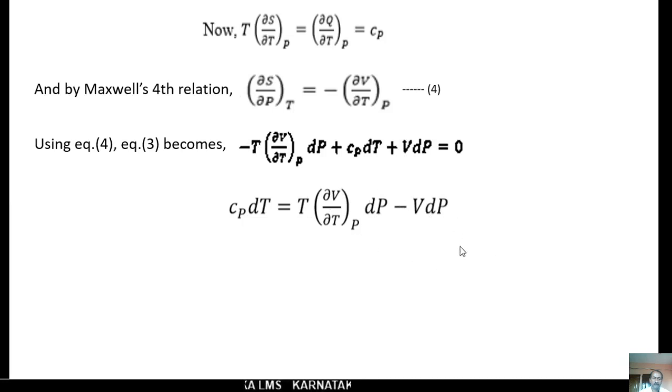This is the value of Cp dT. Again, Cp dT equals T into ∂V/∂T minus V into dP. Here dP is taken outside, then it becomes like this. Let it be equation 4.